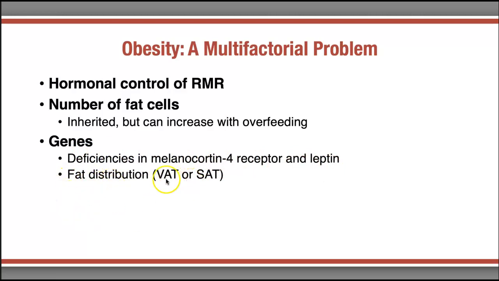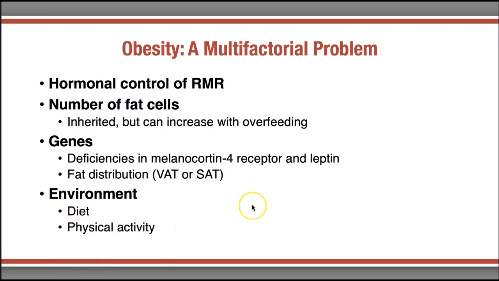Then there's the fat distribution, whether it's VAT or SAT. I think those are the different types of obesity we talked about a little bit ago. And then your environment, the diet and the physical activity. It's probably the one that we concentrate on the most, because the others are ones you can't really control. A little bit on the hormonal control, but mostly environment, what your diet is, and how much physical activity you have.